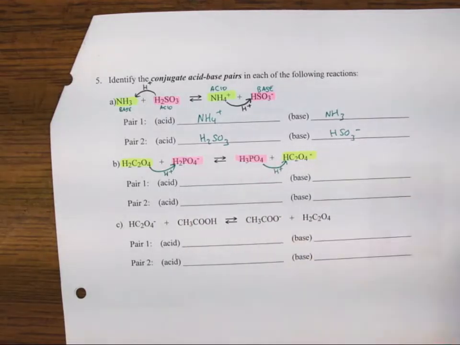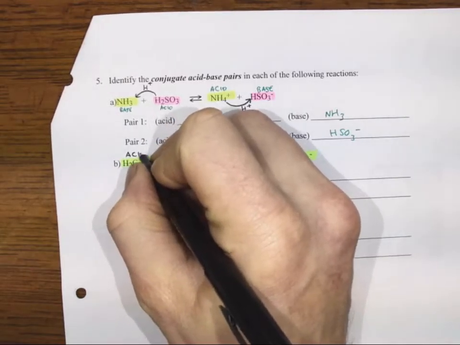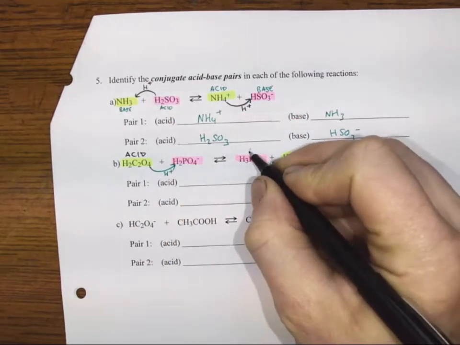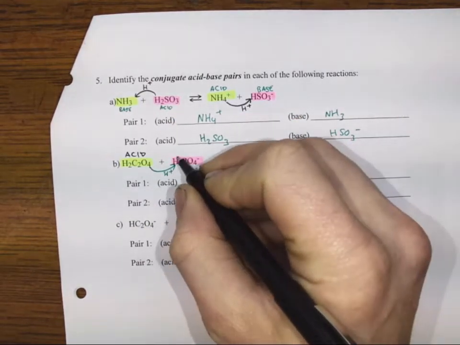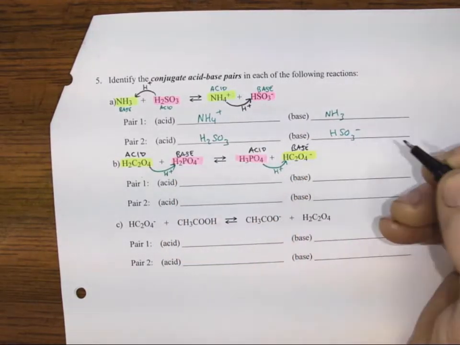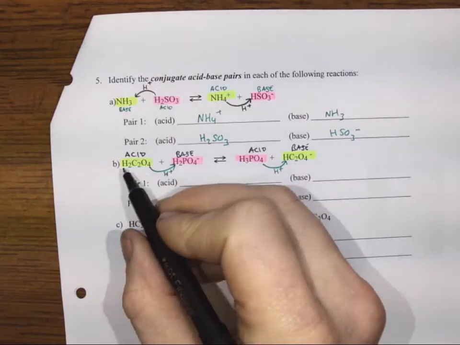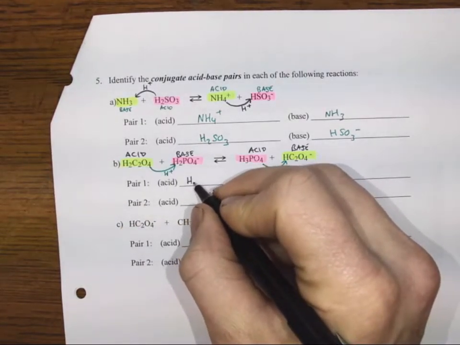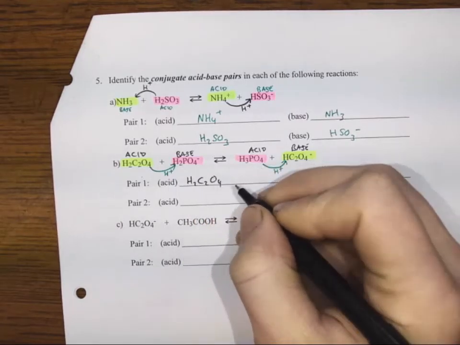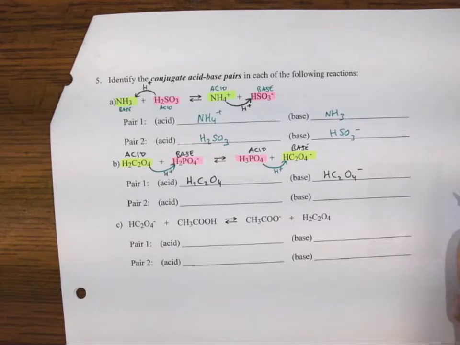So we'll go back and we'll label which one's an acid. Acids donate, lose a proton. This guy's an acid. And these guys that accept are bases. And as a result, our conjugate acid-base pair, our first acid is this oxalic acid, H2C2O4, and base, which is HC2O4 minus.